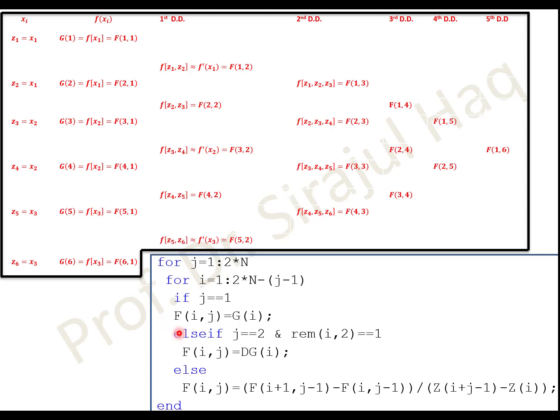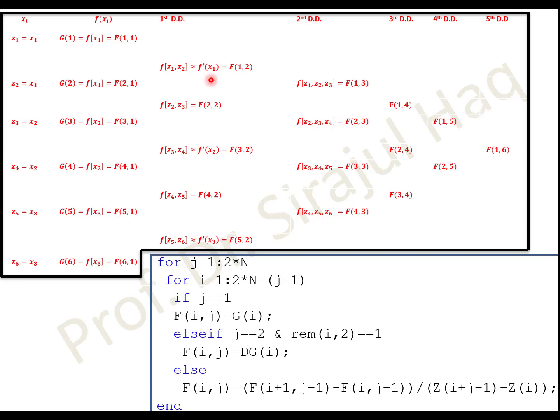And similarly, i is equal to 6, so f of 6,1 is equal to g of 6, and you know that is the same value as f of x3. So this portion is exactly similar to the one we discussed in differences and divided differences.